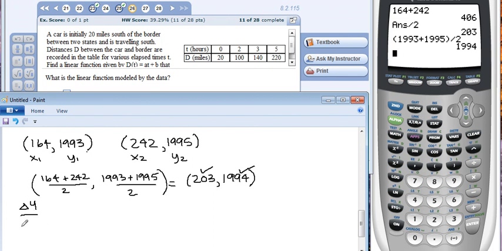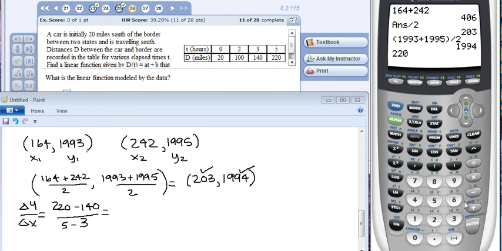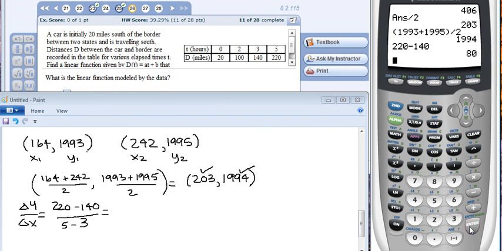Delta y, I've got 220 minus 140, and delta x, I've got 5 minus 3. 220 minus 140 is 80. Five minus 3 is 2. I should be able to do that without a calculator. So we've got 40. That's my slope.